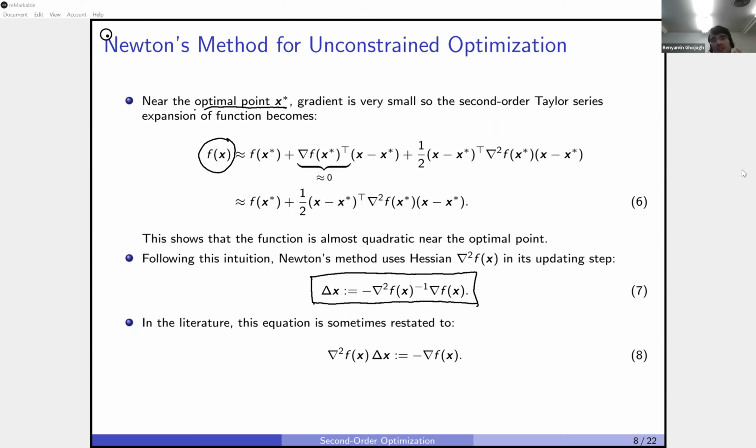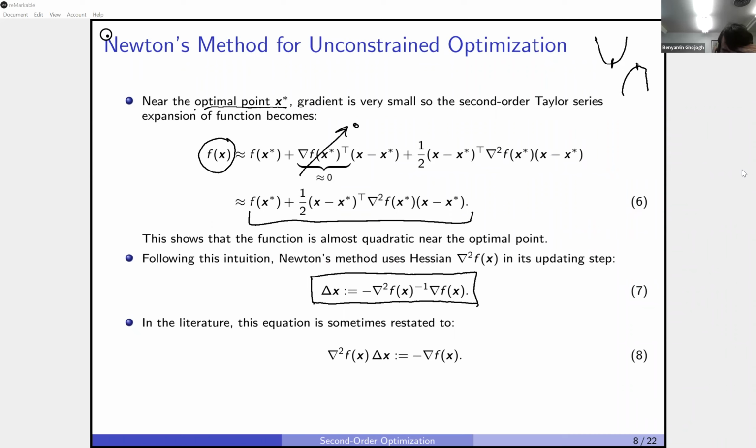So this is the second order Taylor approximation. But according to the first order optimality condition, at the optimal solution the gradient is 0, because at either a maximum or a minimum the gradient is 0. Therefore, this term goes away, so we'll have only these two terms.